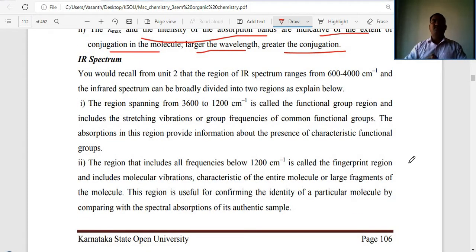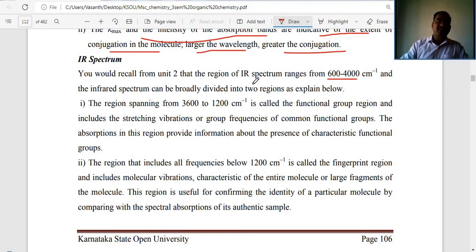In infrared spectroscopy, the IR region runs from 600 to 4000 per centimeter, and the infrared spectrum can be broadly divided into two regions.